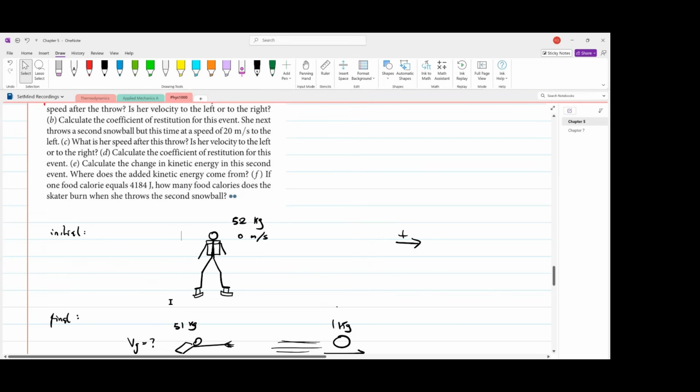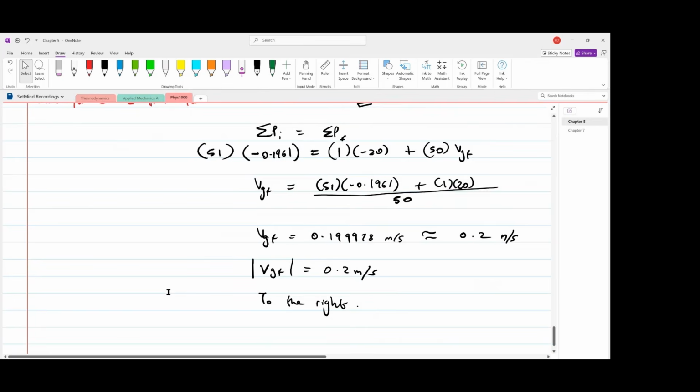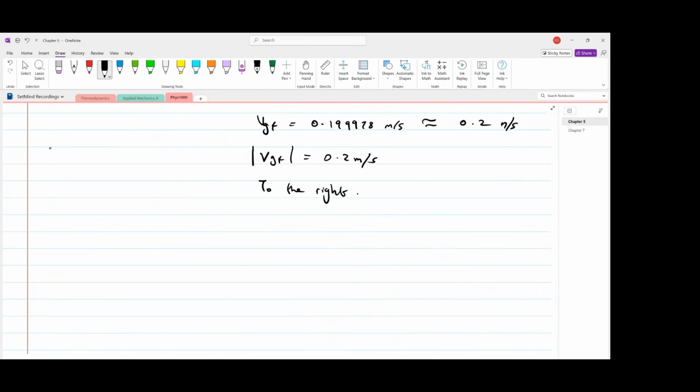Then D now says calculate the coefficient of restitution for this event. Okay, now there's an initial velocity, which means that it is not going to give us infinity like it did before, right?